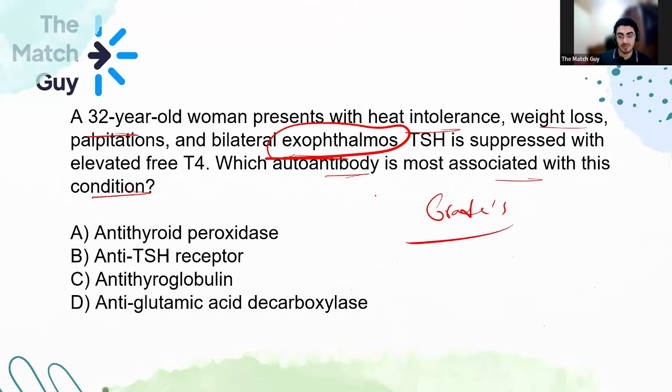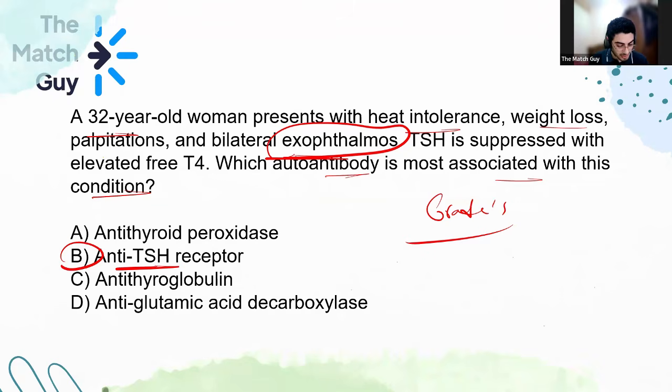And what antibody is specific for Graves'? The anti-TSH receptor antibody. So patients with Graves have autoantibodies or immunoglobulin similar to the TSH. So they will start binding to the TSH receptors on the surface of the thyroid, and this will activate the thyroid to release lots of thyroxine, causing the hyperthyroidism.